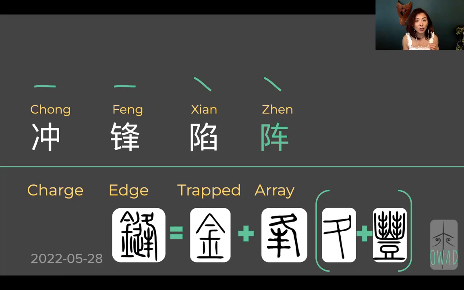And eventually this upward motion captured the momentum of that upsurge. It's like rushing through, and eventually used in this military maneuver, it becomes going charge toward the enemy side. So 锋 is the enemy side. It means the edge, the very sharp blading facing outward edge of the enemy side.